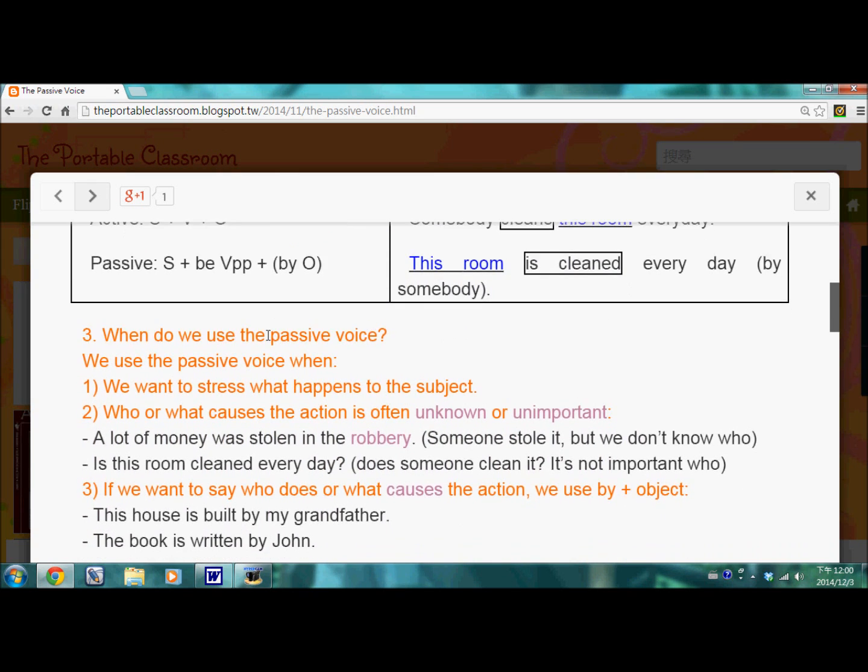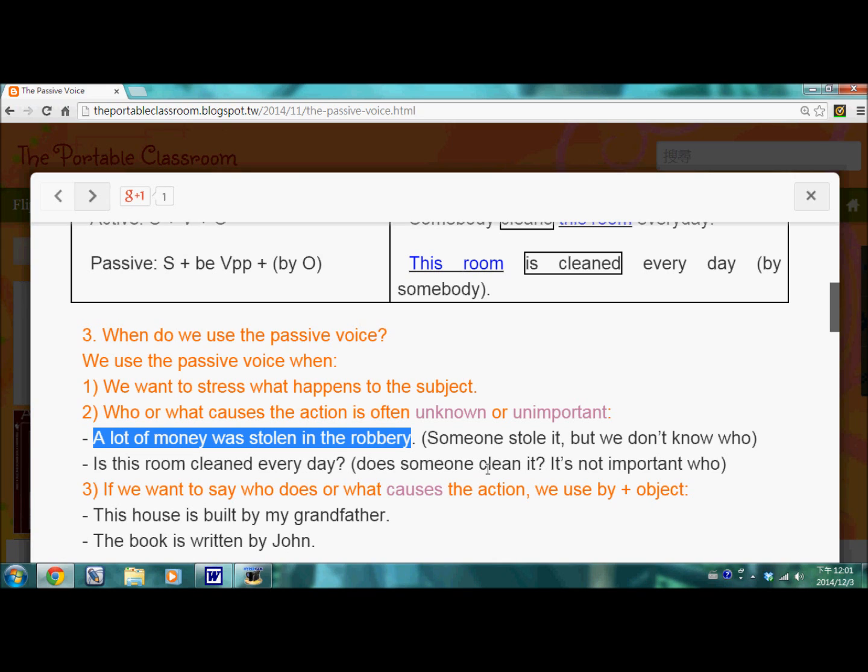Number 2, who or what causes the action is often unknown or unimportant. Just like the first case I said, who built the house is unimportant. Or like the example over here, a lot of money was stolen in the robbery. Who stole the money? It's unknown. I don't know who stole it. Someone stole it, but we don't know who. And that's when we use the passive voice. Is this room cleaned every day?